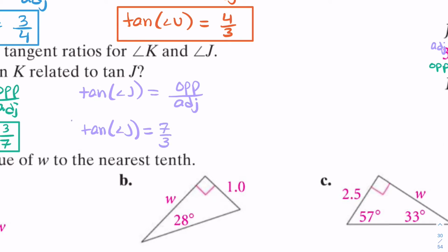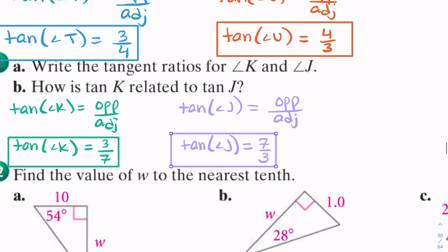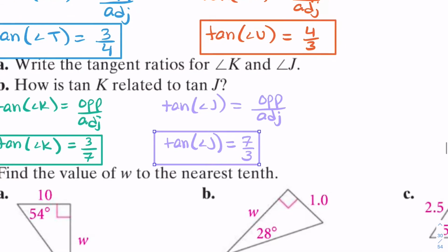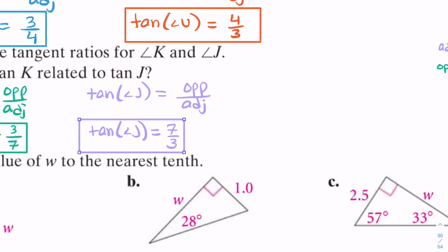That's my ratio for that one. Again, we're just writing ratios, not solving for anything yet. It says, how is tangent K related to tangent of J? The answer to that is they are reciprocals.